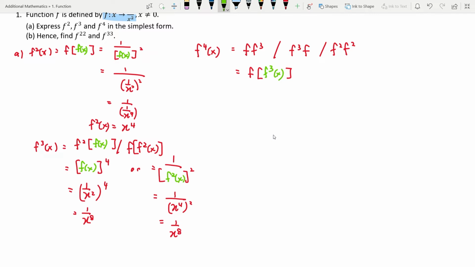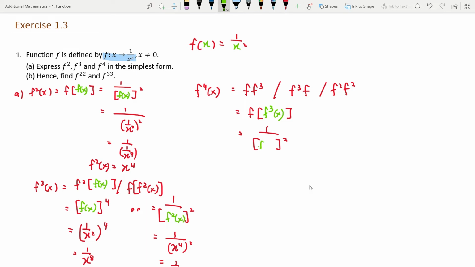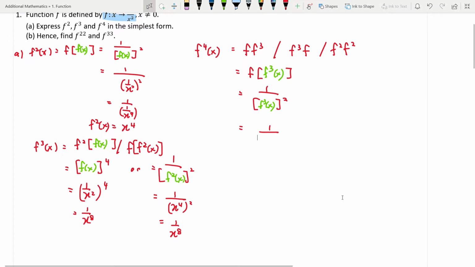Substituting the f3 into the f, 1 over x squared, where x is substituted by f3(x). What is our f3? 1 over x to the power 8. We get 1 over (1 over x to the power 8) squared, which is x to the power 16. The other two ways will give us the same value. I'm not going to try it. You may try it yourself.